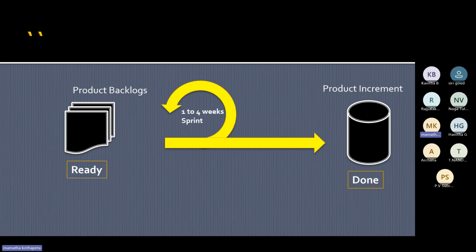Who prepares it? What is the meaning of definition of done? Definition of done specifies when a user story is said to be completed. What are the conditions or criteria that a user story needs to meet before we say that it is completed or done? You understand? Now we'll see this done in a few minutes.